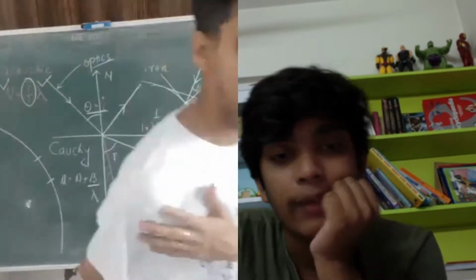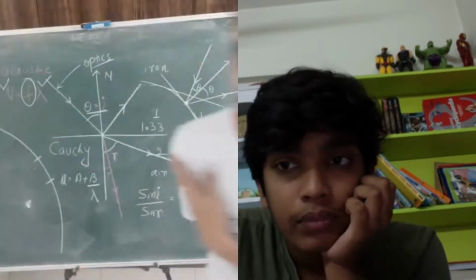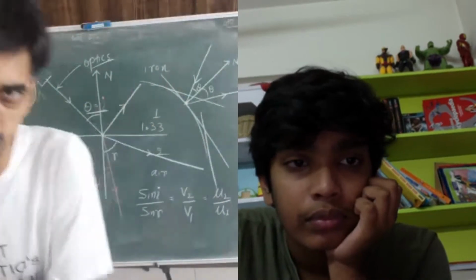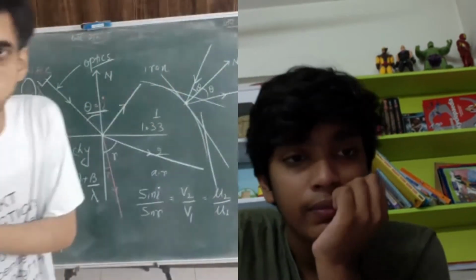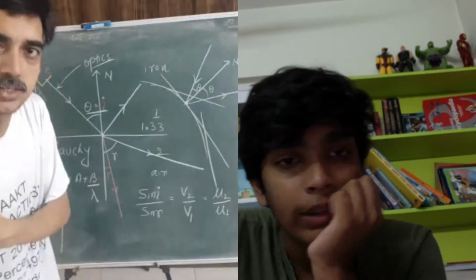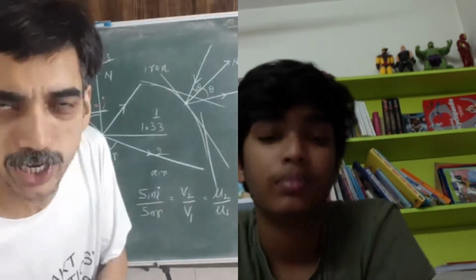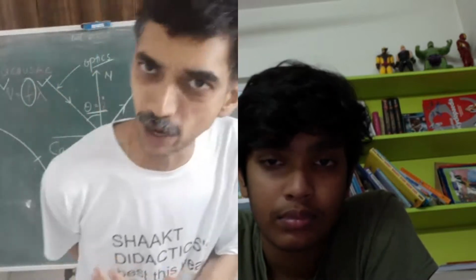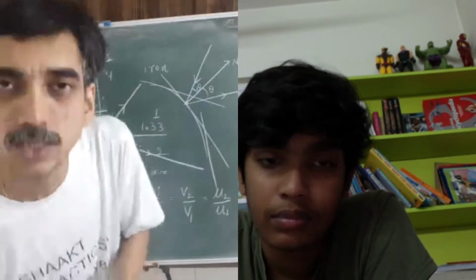White is not a color, right? White is a combination of 7 colors. We don't have a frequency related to white ray. So we take a frequency which is nearest to it, and that we attribute to the mean ray or yellow ray. Clear?